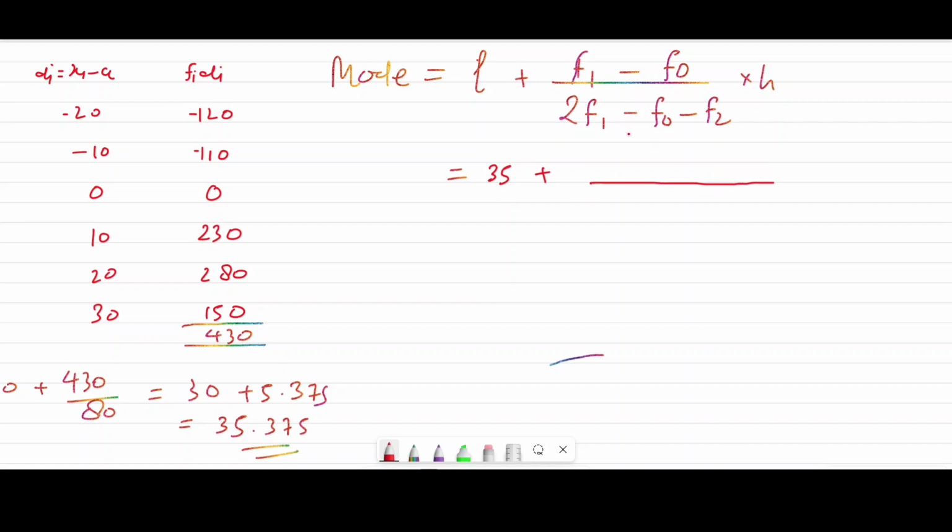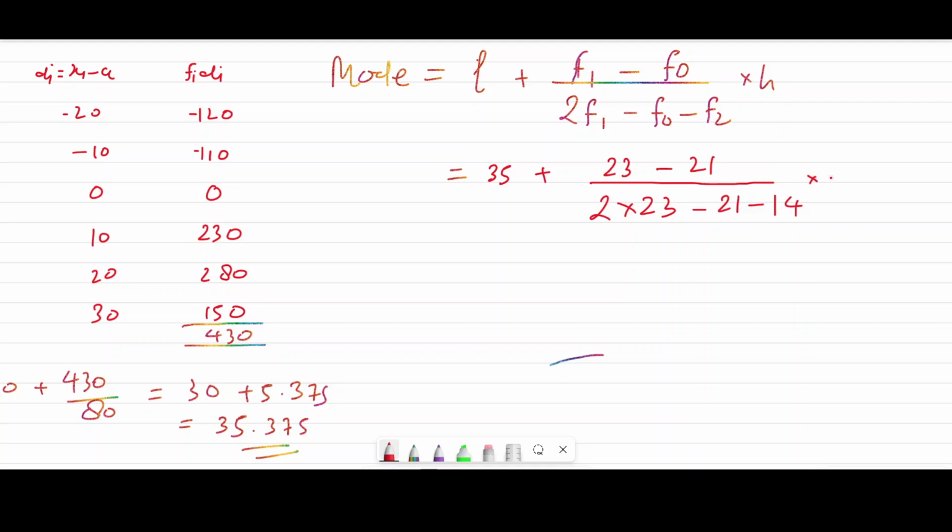What is the value of F1? That is 23. Now what is the value of F0? That means the preceding frequency, that is 21. Now F2 will be 14.